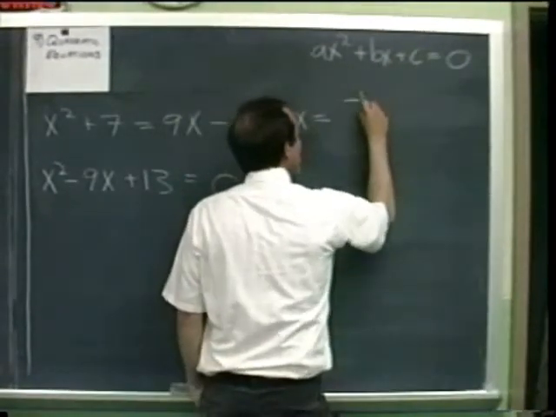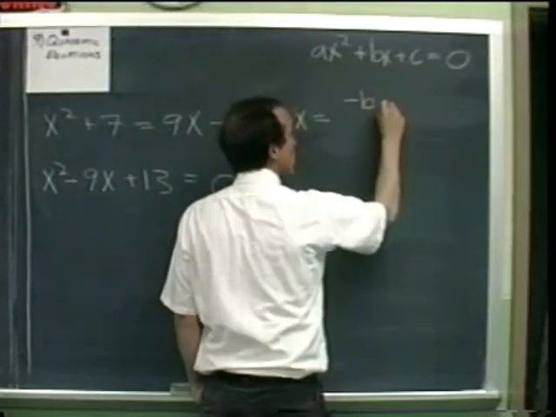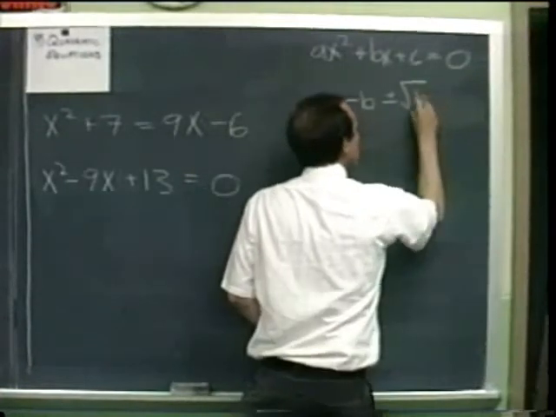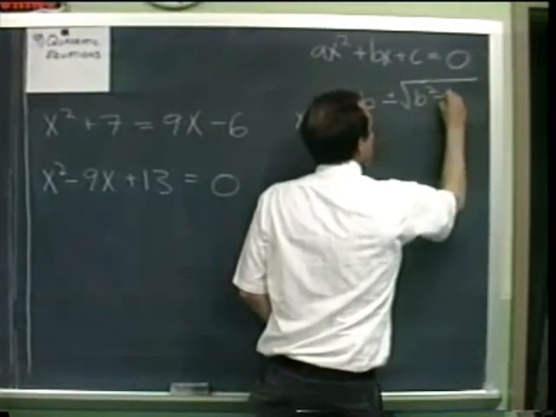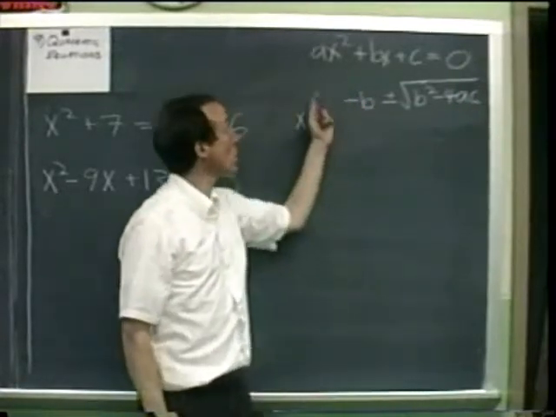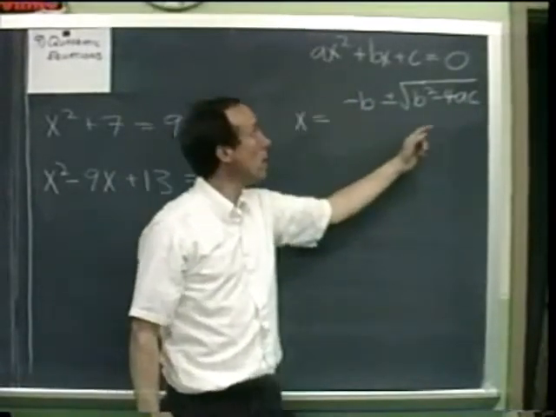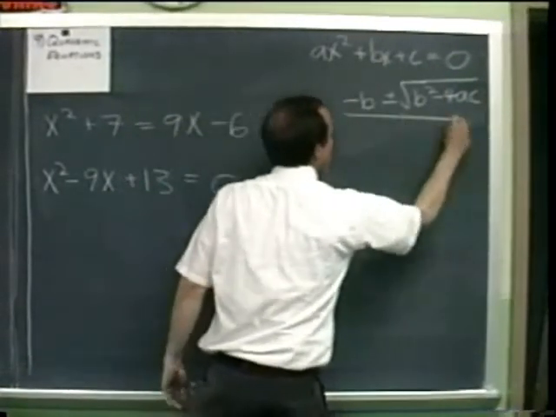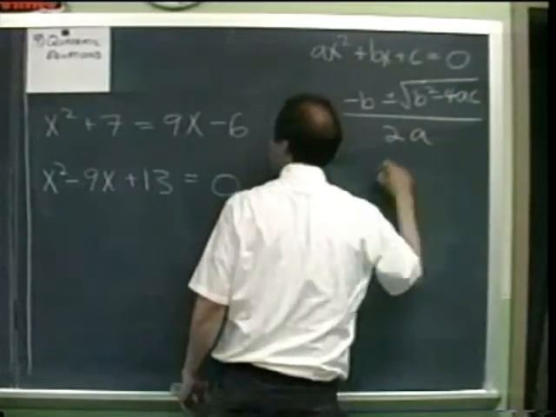It reads minus b, the thing multiplying the x term, plus or minus the square root of b squared minus 4ac, where a is the thing multiplying the x squared, and c is the constant term, all divided by 2a.